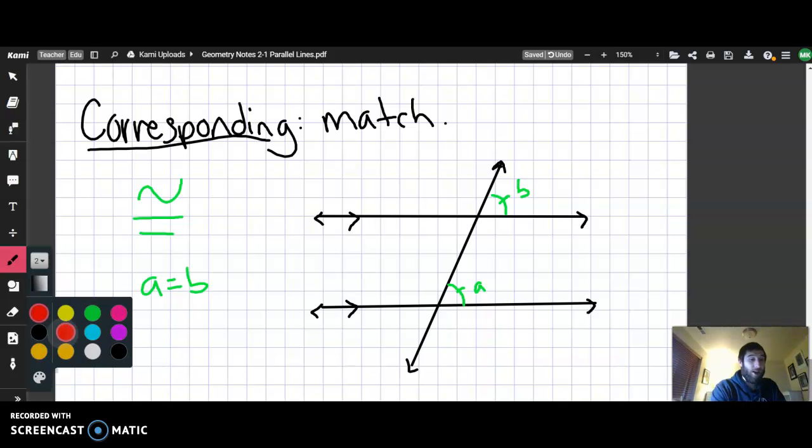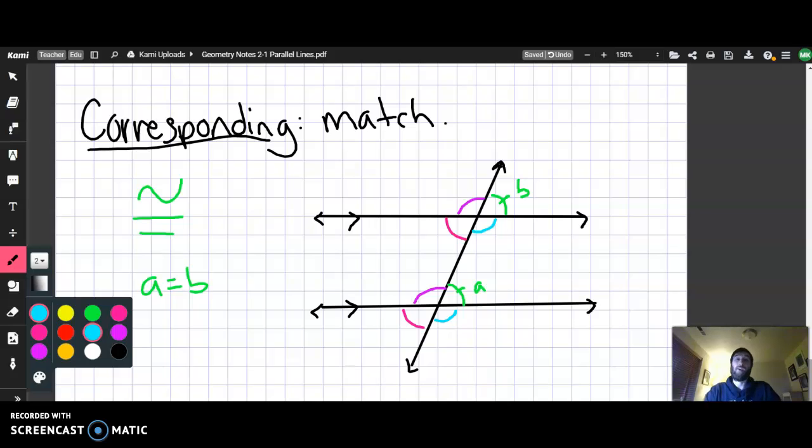This is true for every part of the angle. So if I look at the top left, well, that's going to match and correspond with the other top left. If I do that to the bottom left, it's going to match to the bottom left. If I do that over here to the bottom right, it's going to match to the bottom right.